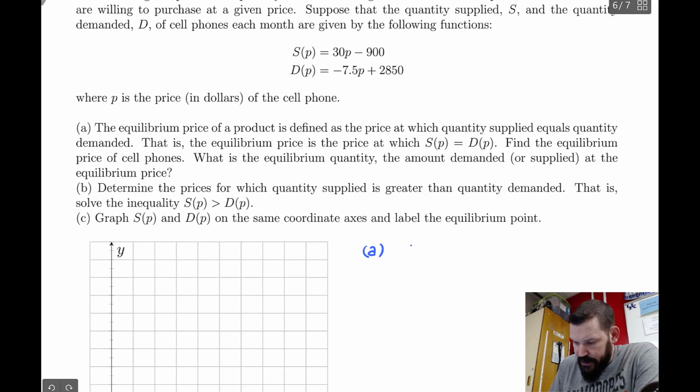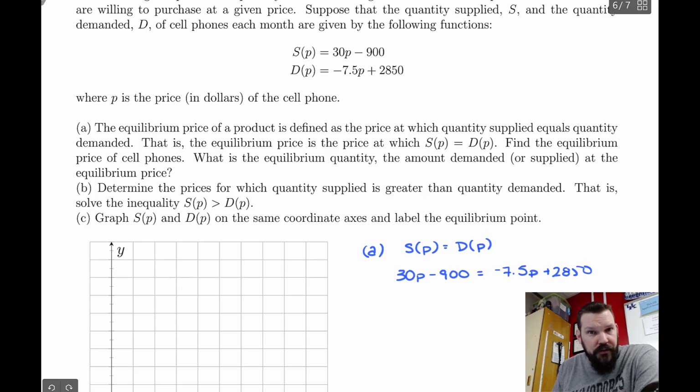So for part A, we're looking at S of P equal to D of P, and we could just set those two equations equal to each other. So S of P is 30P minus 900, and we're going to set that equal to negative 7.5P plus 2850. And then we're just going to solve this for P. So we'll add 7.5P to both sides.